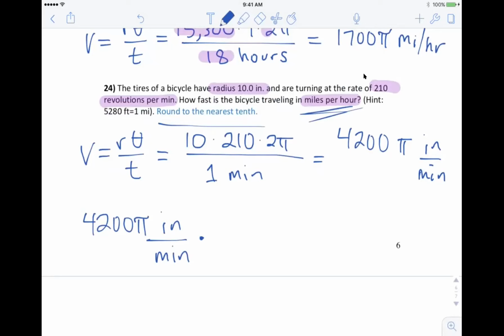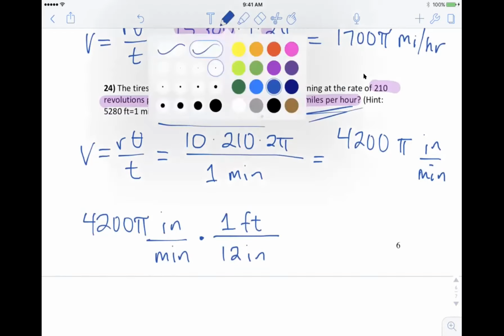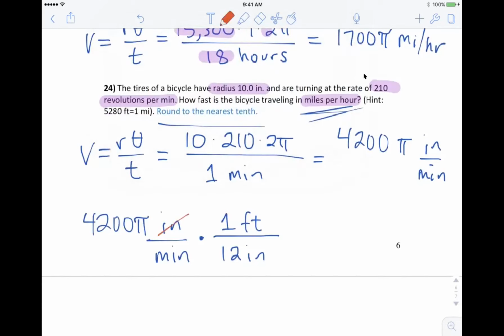So let's do the distance first. There are 12 inches per 1 foot. Right? And notice here, the reason I'm putting inches on the bottom and feet on top is because now the unit inches will cancel, and I'm left with feet. So if I stopped here, I would have feet per minute, but I don't want that.